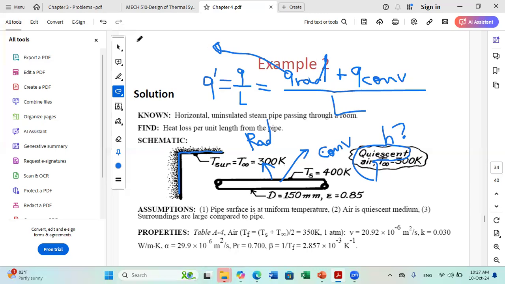You have the emissivity, epsilon, times the Boltzmann constant. What is the area of exchange here? The lateral area of your cylinder. Okay? What is the lateral area of your cylinder? You have pi dL.